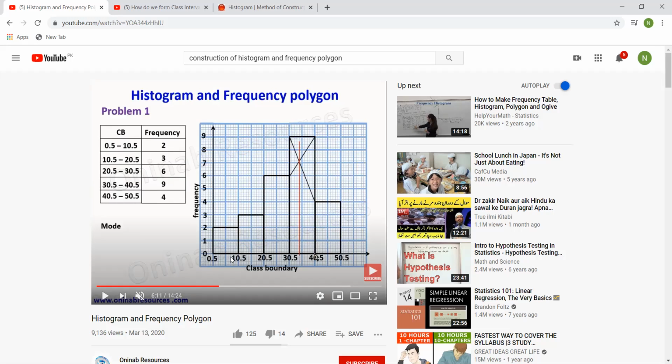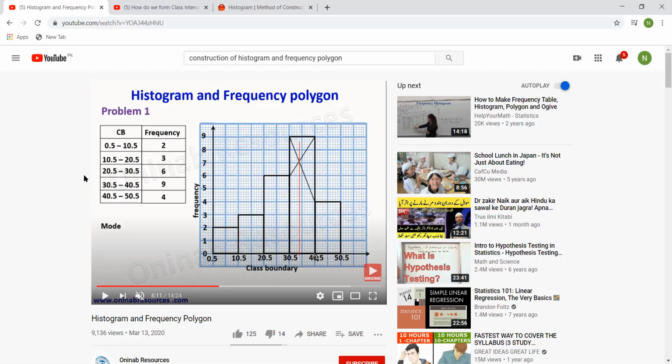Because the difference between each big box is 10, it means 1.5, 2.5, 3.5, 4.5, 5.5, 6.5, 7.5, 8.5, 9.5 and 10.5. Now you can read the value from here: 31.5, 32.5, 33.5, 34.5. So the mode of the data is 34.5, where these two lines cut each other. That point is the mode of the data.